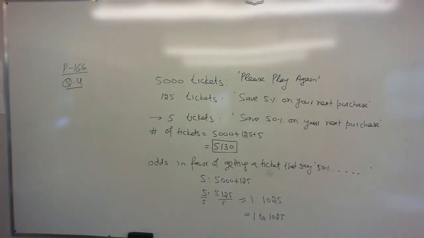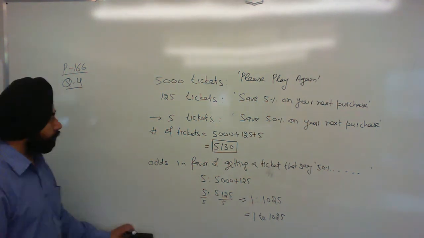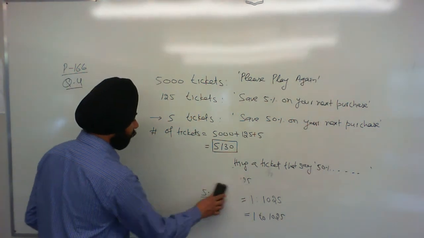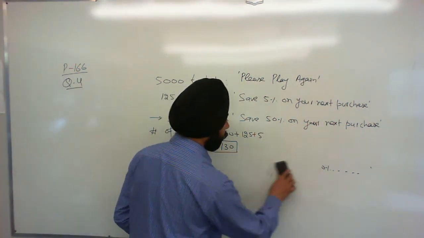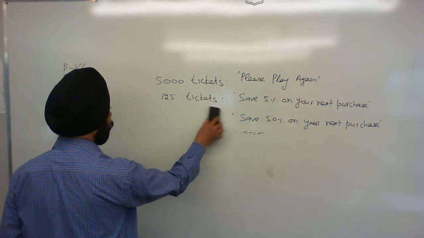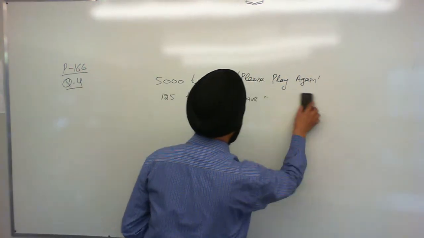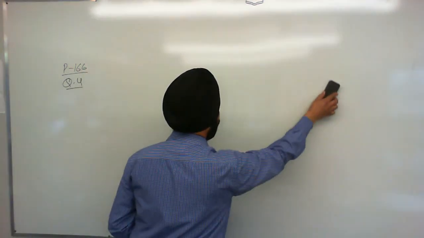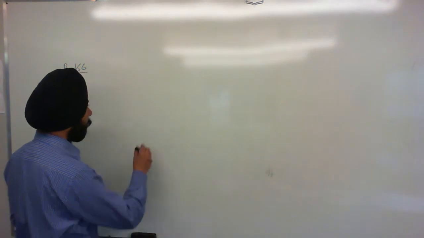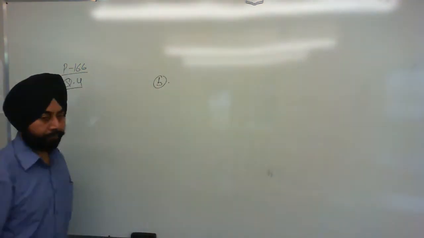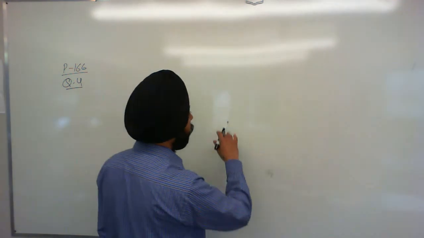Okay, look at the next one, B. What's the probability in favor of getting a ticket offering 50% off? Well, I mistakenly erased that.